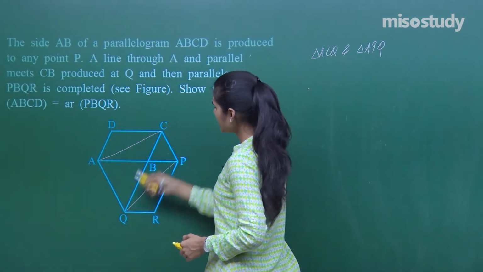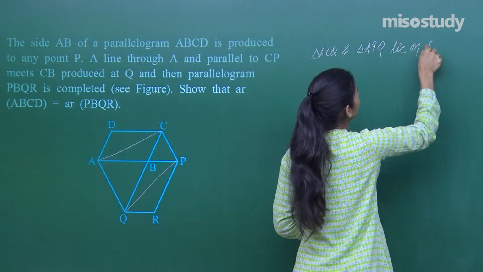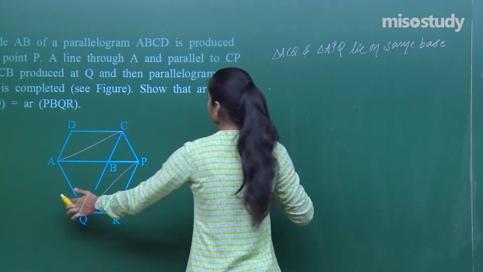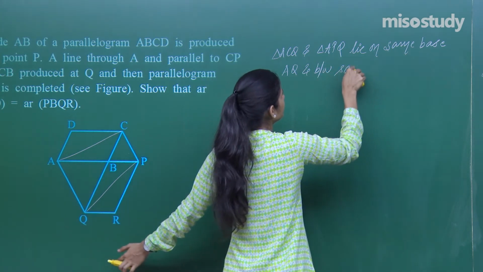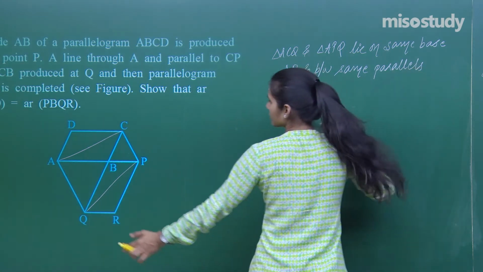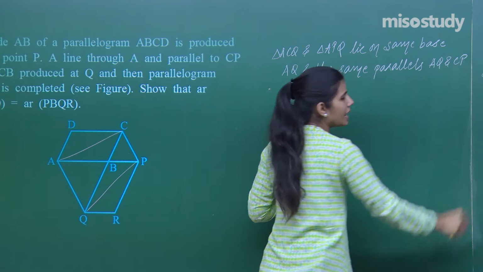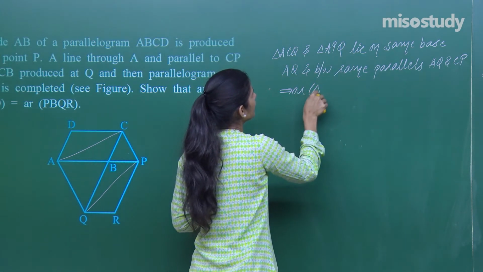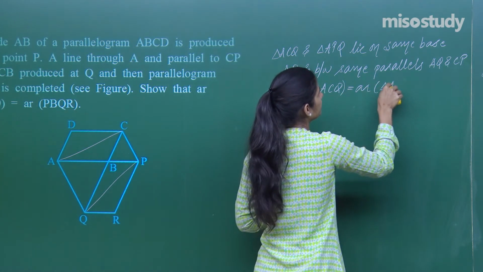See, triangle ACQ and triangle APQ lie, you can see, on the same base AQ and also lie between the same parallels AQ and CP, and therefore they are going to have the same areas. This implies area of triangle ACQ is same as area of triangle APQ.